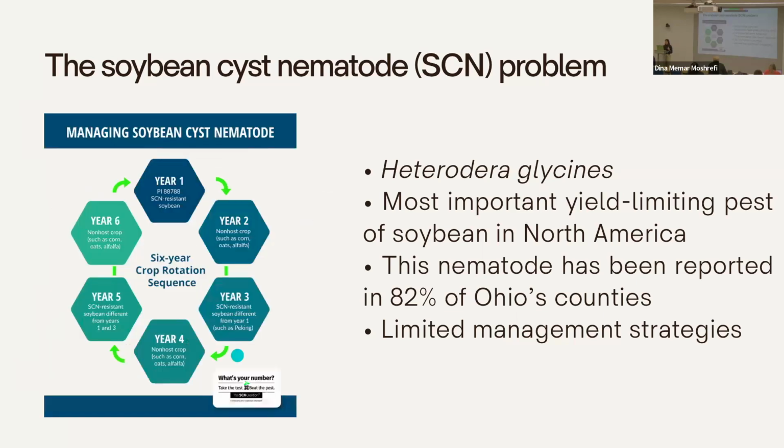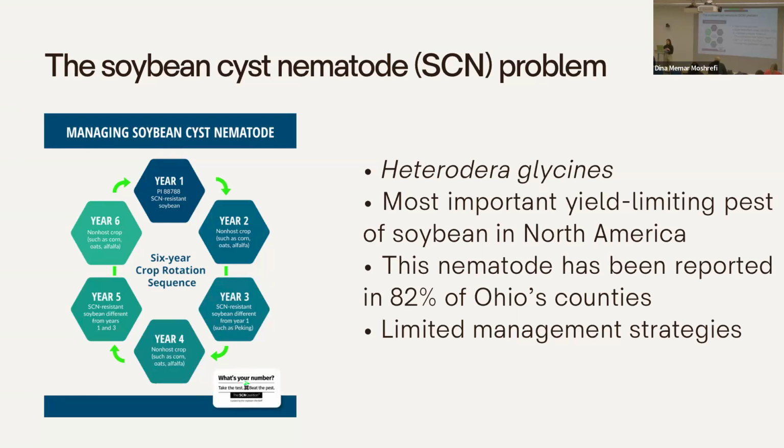One of the challenging parts of this disease is that we have very limited management strategies. There are no nematicides that you can use in the field at the scale at which we grow soybean, because nematicides can be very damaging to human health and environmental health.